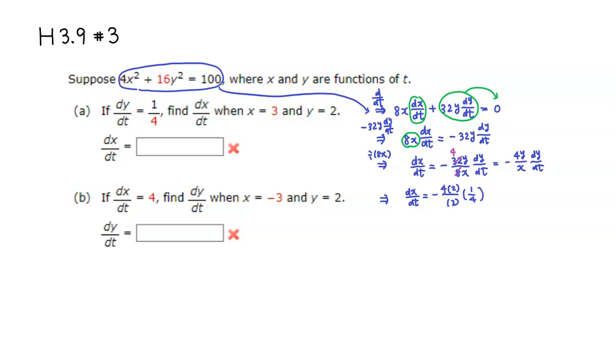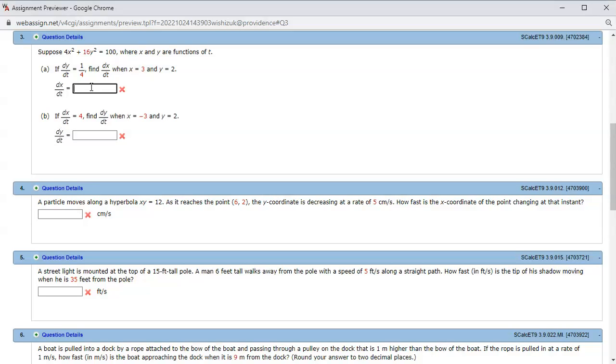Let's clean it up. You have 4 on top and 4 on the bottom, and what's left is negative 2/3. So let's type it in. We got negative 2/3. Let's check the answer.